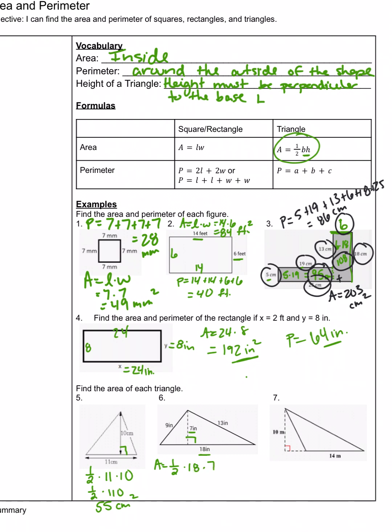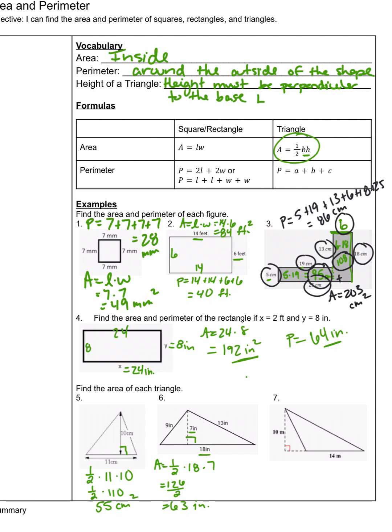I'm going to start with 18 times 7. And you can put this all in your calculator at the same time. That's going to give me 126. I'm going to divide that by 2 to do my 1/2. And that's 63, and this one is in inches, so 63 inches.